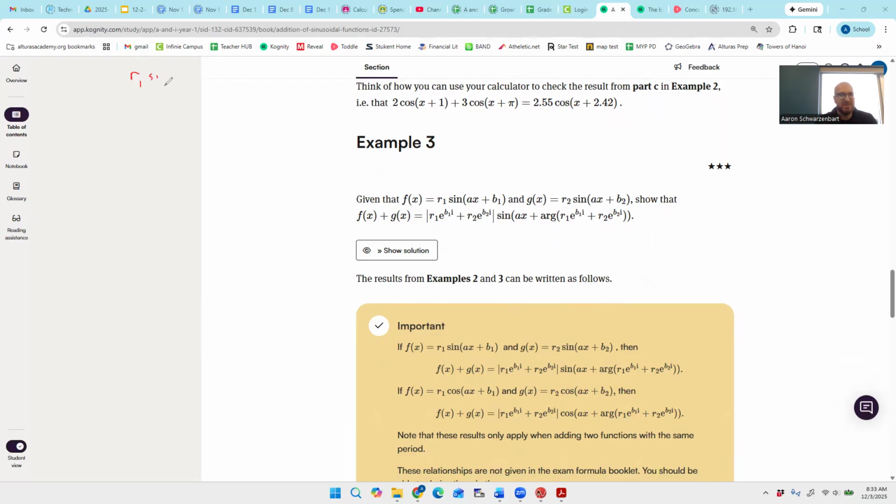So essentially, I'm going to have this start with Re^(ax plus b1). Okay, I know what they're doing. We are adding f of x and g of x.